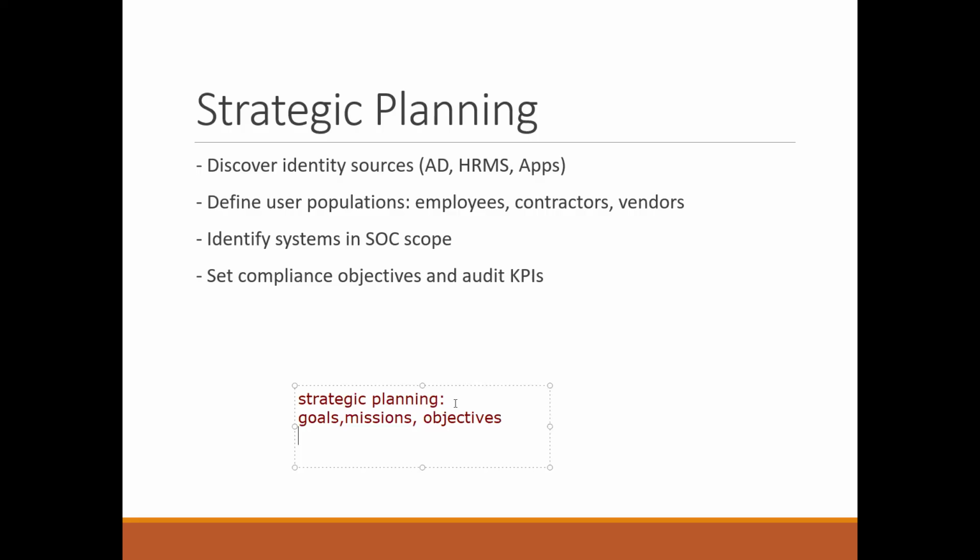And in strategic planning, whenever you are implementing it, they are going to consider the identities, where they are going to get them from, like Active Directory, Workday, and which all applications are coming in. Next, what user base they are going to consider.